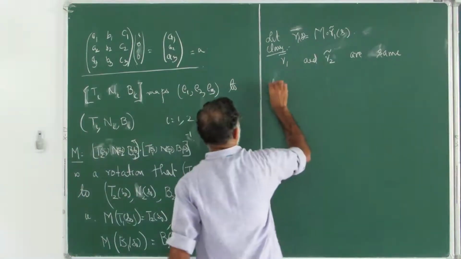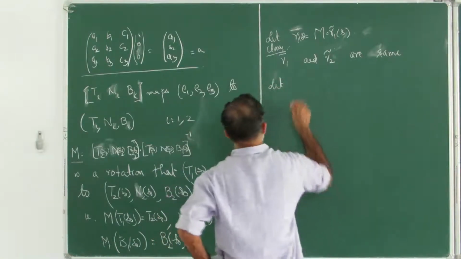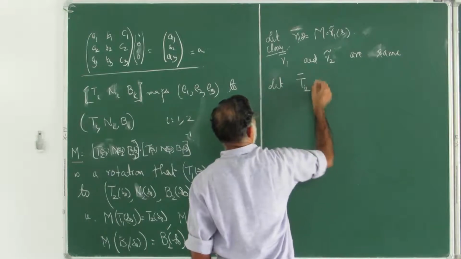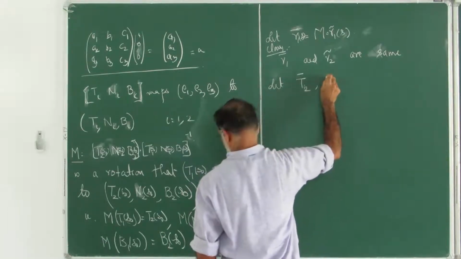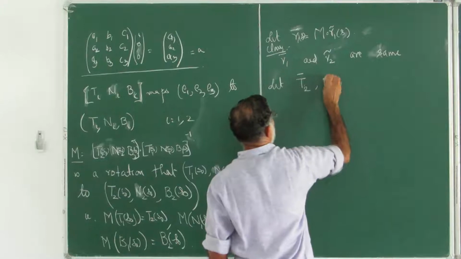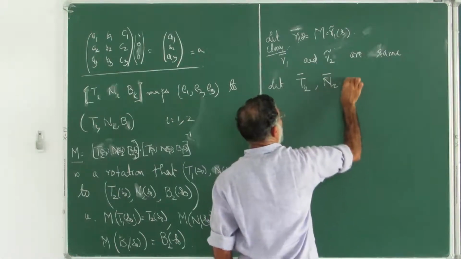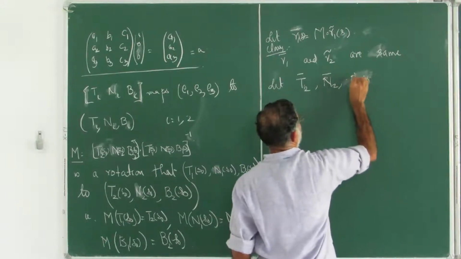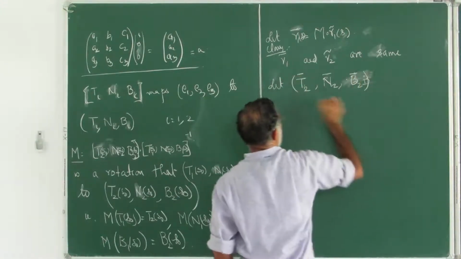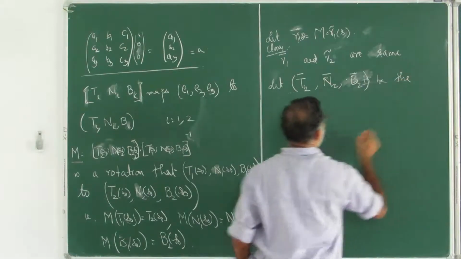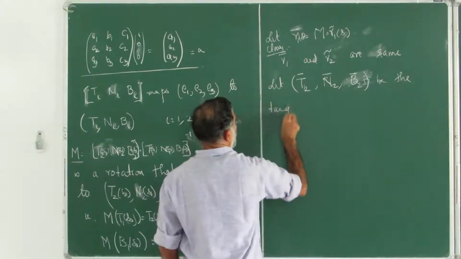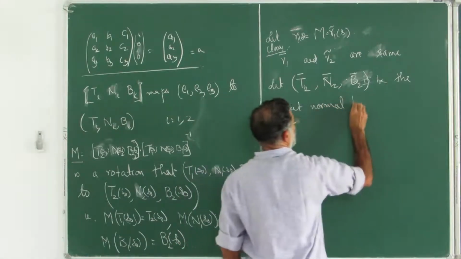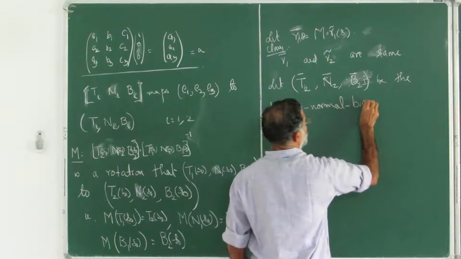So let T1 bar, N1 bar, B1 bar, let's write that convention, the tangent, normal, binormal triple.